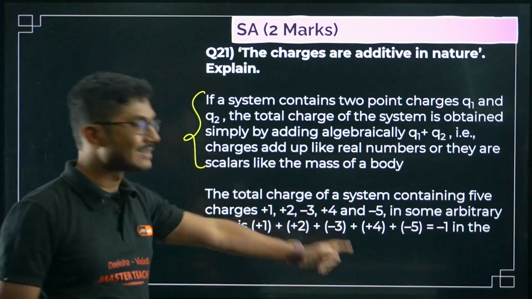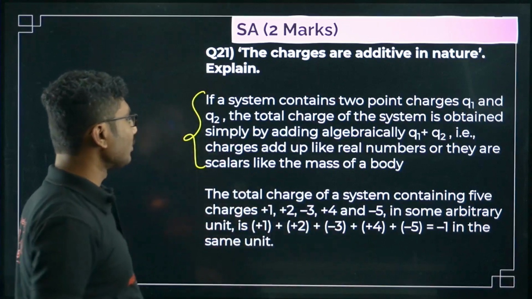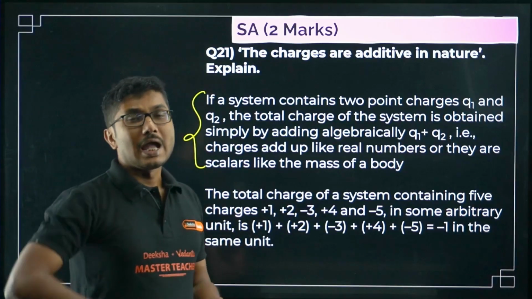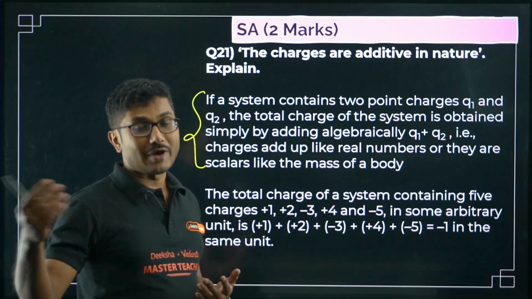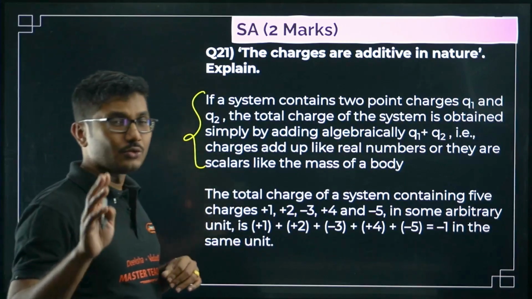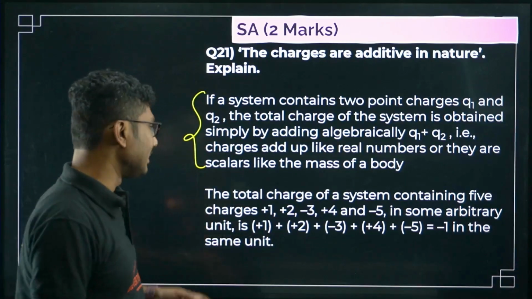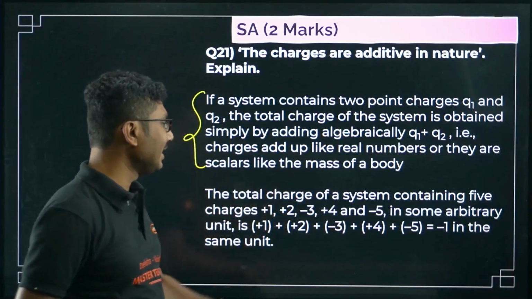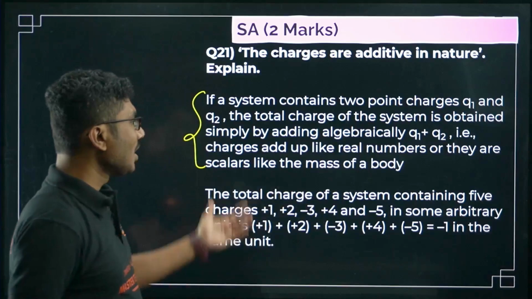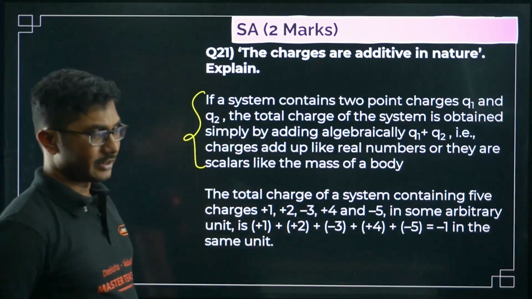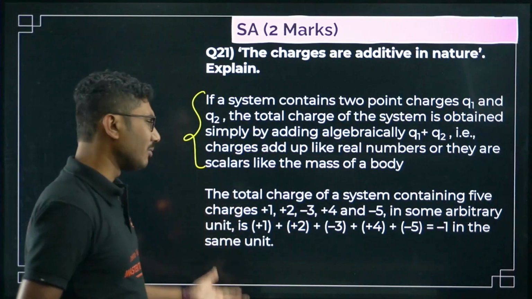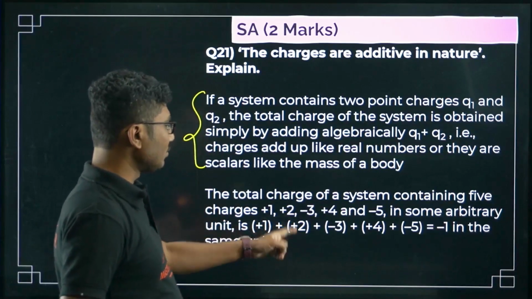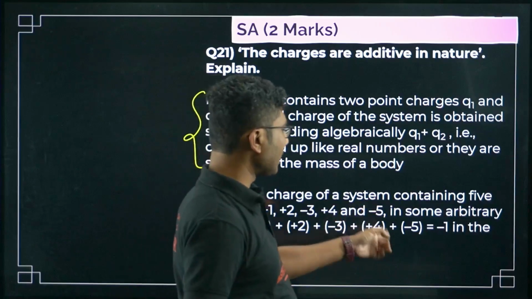Now you have to give one example in this case. For example, the total charge of a system containing 5 charges, I have taken 5 charges. You can take any number, 2, 3, 4, 5, anything is fine. Containing 5 charges, plus 1, plus 2, minus 3, plus 4 and minus 5 in some arbitrary unit, maybe in coulomb, you can mention coulomb also. Then total charge is plus 1 plus 2 plus (minus 3) plus 4 plus (minus 5).